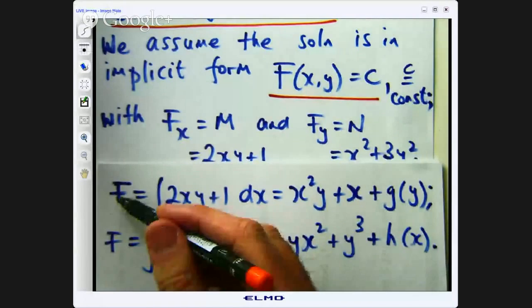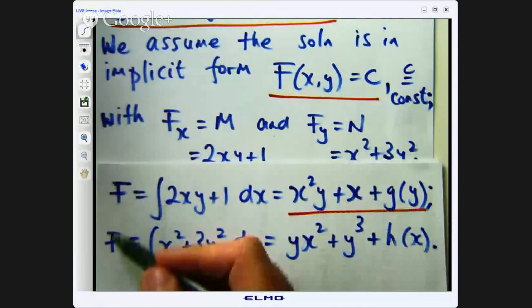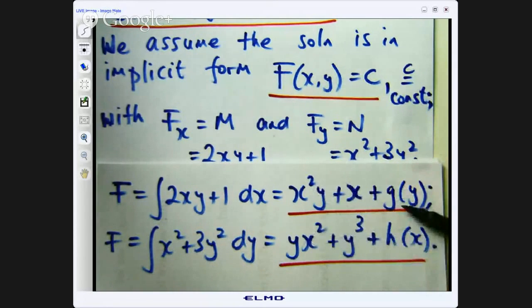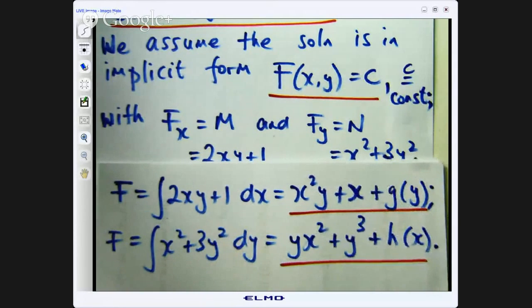Now what we want to do is compare our two last lines for the big F, because our goal here is to get an implicit form, an implicit solution form, by constructing this big F. So let me show you how that works. We want to compare, so F equals this, and F equals this. We want to compare these two, make them the same by choosing G and H appropriately.